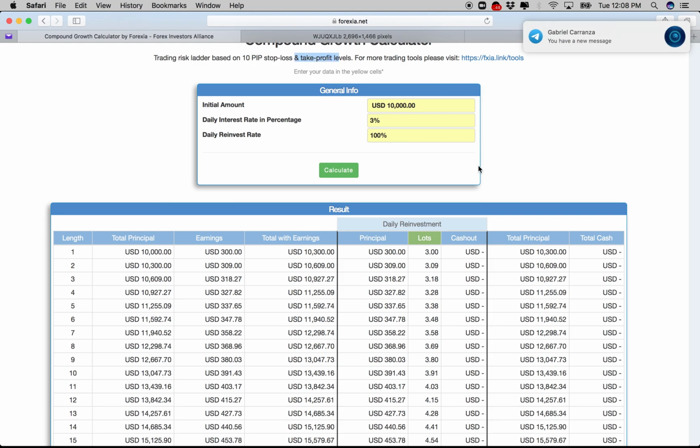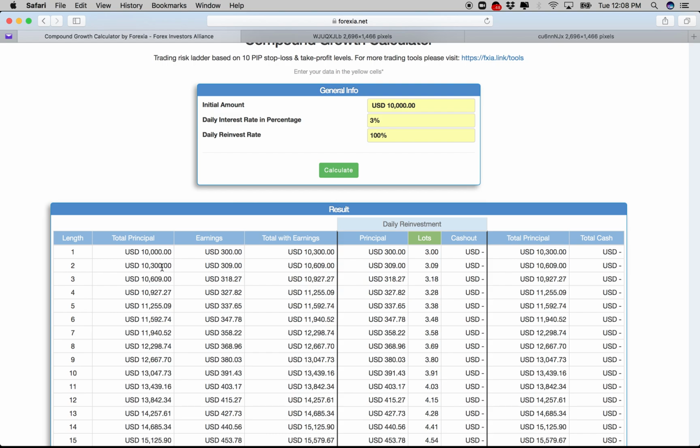So here we have a 3 standard lot size. If we hit a take profit level of 10 pips, we would make an earning of $300, and we would move on to the next level. As we are reinvesting 100%, we would have a total principal on the second of $10,300.